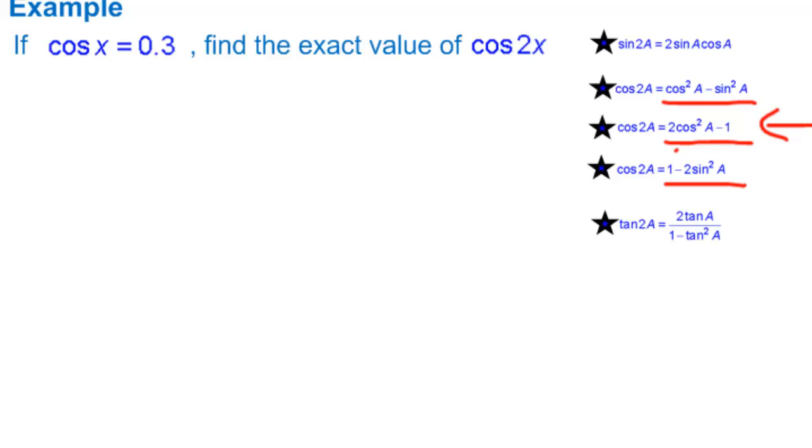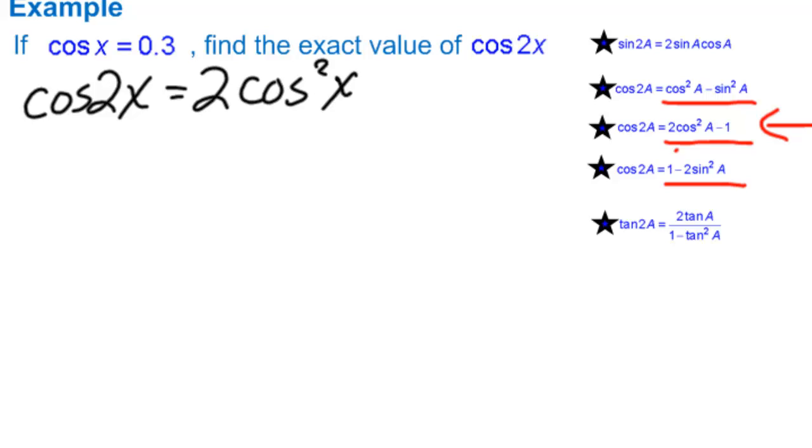So we take that representation and we rewrite cosine of 2x as 2 cosine squared x minus 1. Well, we know what cosine x is, according to the question.